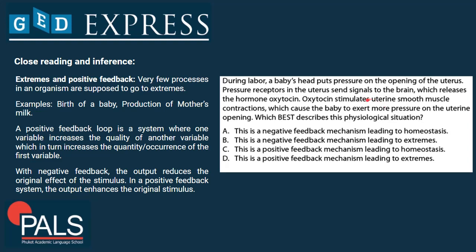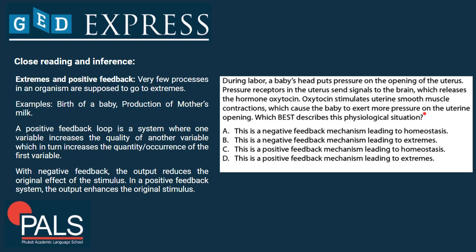That means the head of the baby puts more pressure on the uterine opening, which causes more oxytocin to be released, which causes more contractions of the uterine muscle, which causes more pressure of the head on the uterine opening until the baby is born. This is one of the very few examples in an organism where we see positive feedback that will lead to an extreme.